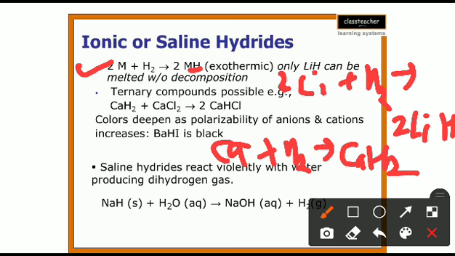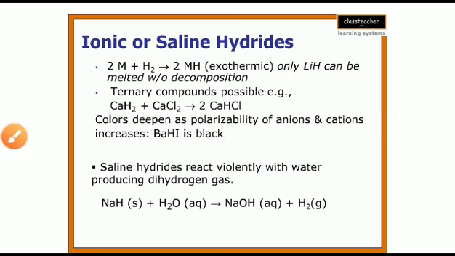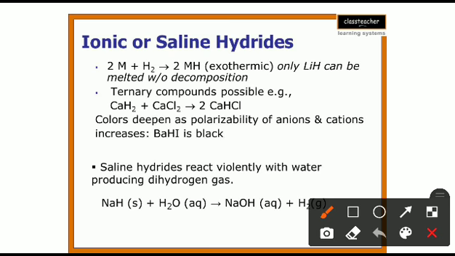Here are some reactions of ionic hydrides. First, calcium hydride treated with calcium chloride forms what? CaHCl. The color depends on the polarizability of the anion and cation, which increases.